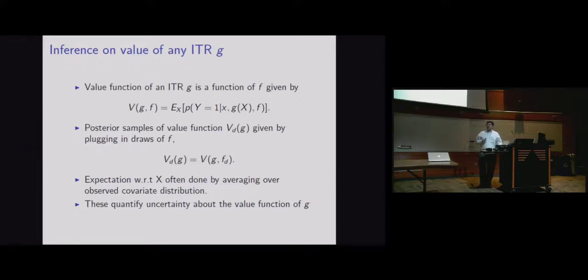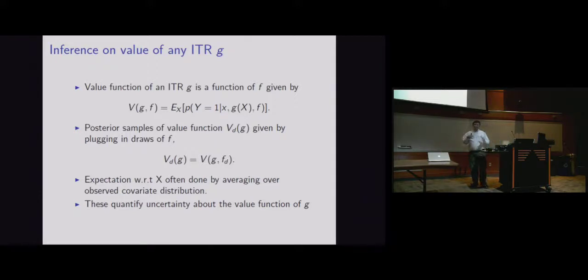So we've got any kind of mapping, G, or any kind of rule, G, we can leverage the fact that the value function of an ITR G is simply a function of F. Okay, so the value, we can actually capture a value function given a particular F. So we've got a rule G and a particular function value F, and this is just an expected value across the covariate distribution of the probability of success given X, your rule G of X, and a particular function value.